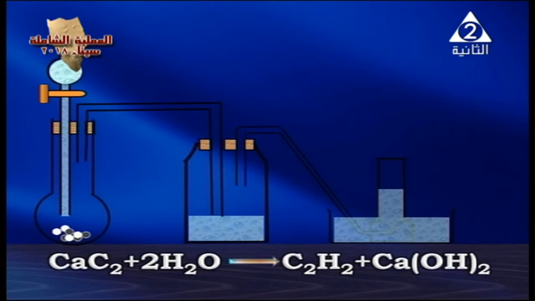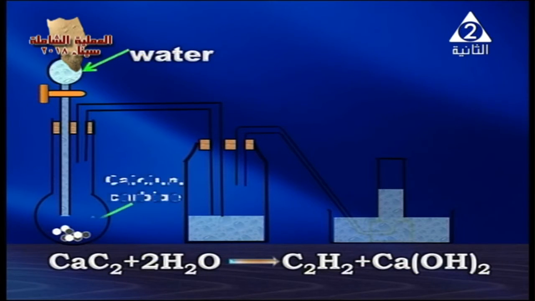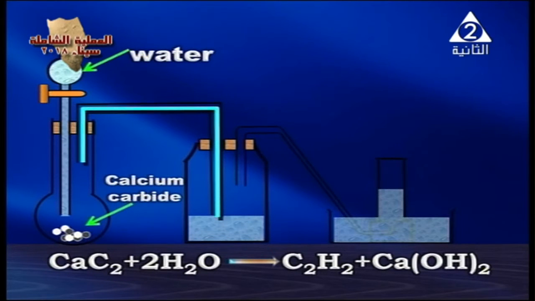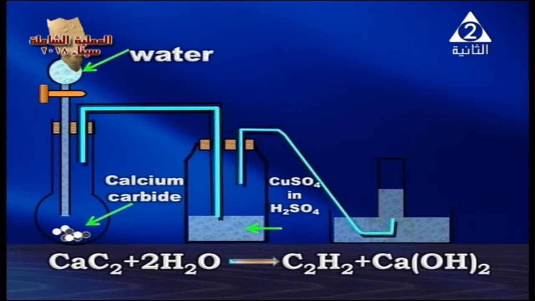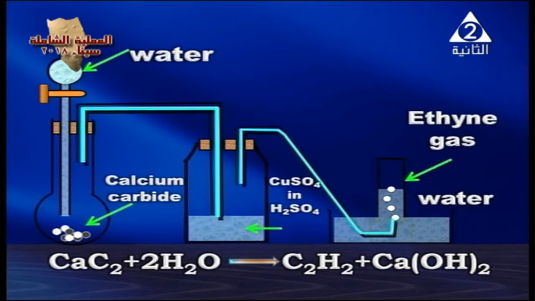My dear students, if you look at the screen now, the water is dropped over calcium carbide and the acetylene gas is passed over copper sulfate dissolved in dilute sulfuric acid to absorb the impurities, which are phosphine gas PH3 and hydrogen sulfide gas, and so the acetylene gas will be collected above the water as shown on the screen.